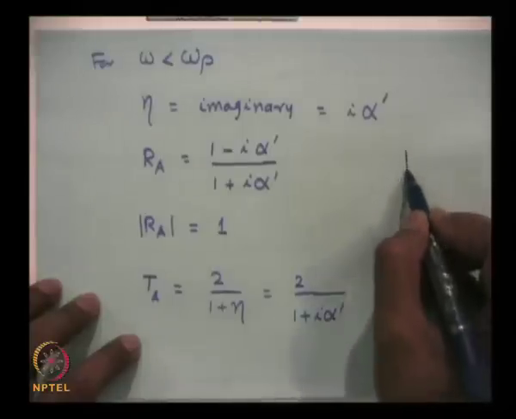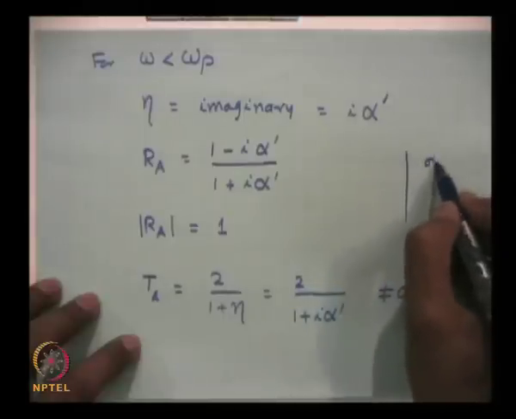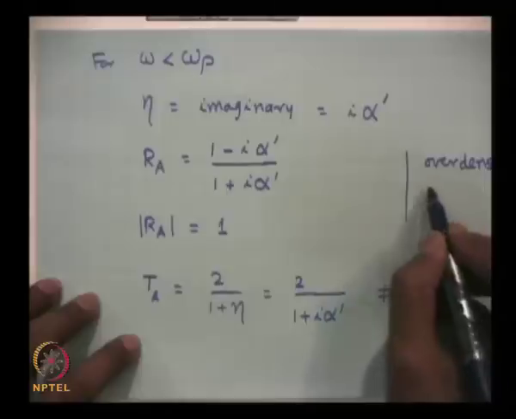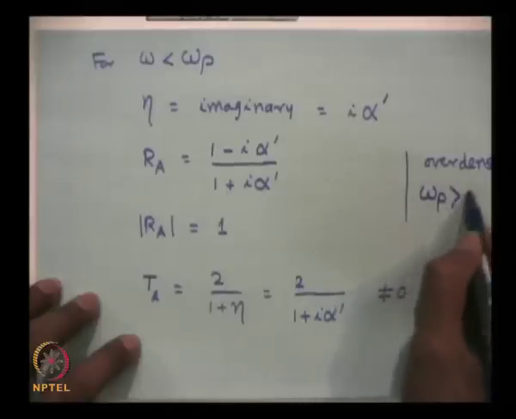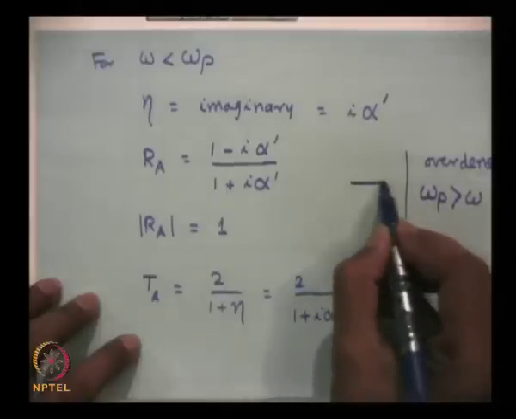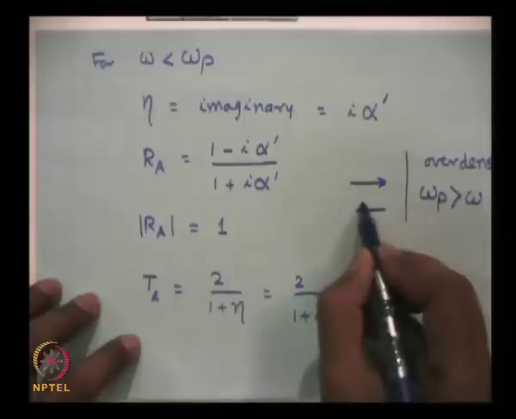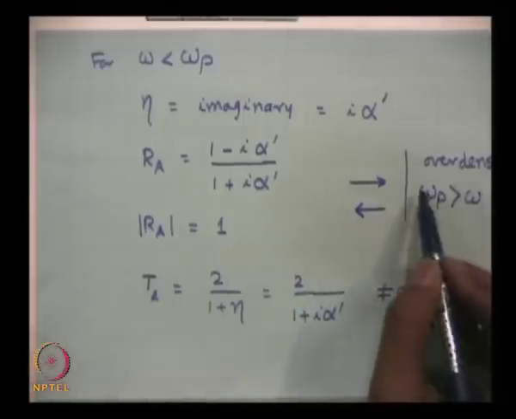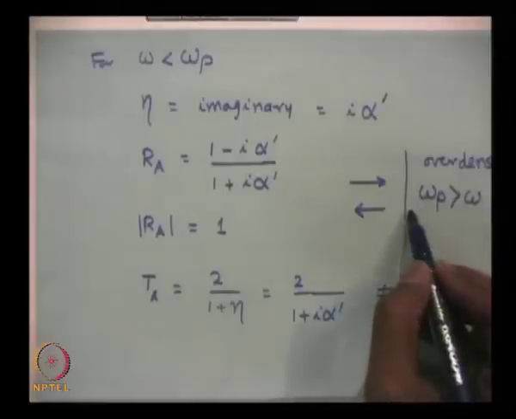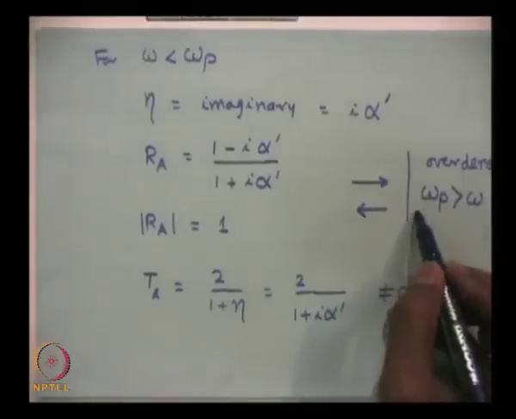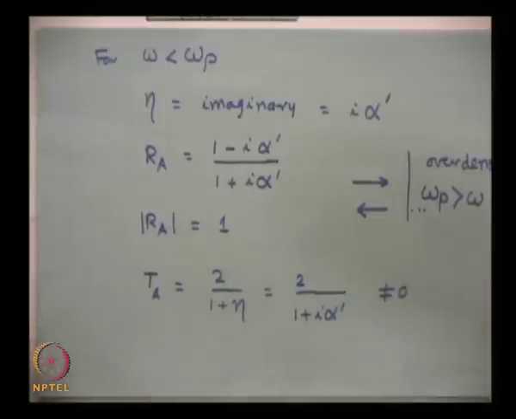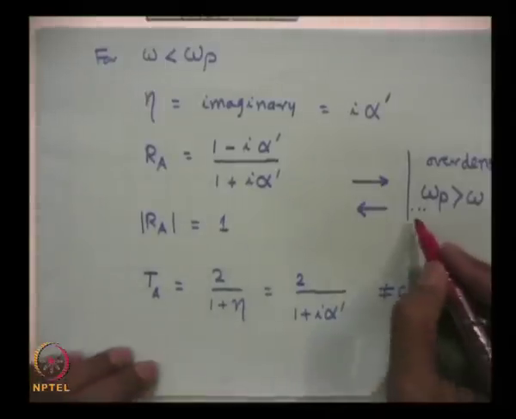Means if I have a plasma over dense, which is omega p bigger than omega, a wave is coming in here, wave will be reflected back from there. There is no power transmission because k is imaginary there, but field is not 0. There is always a field in this region, and that is called evanescent field. So, evanescent field exists here.